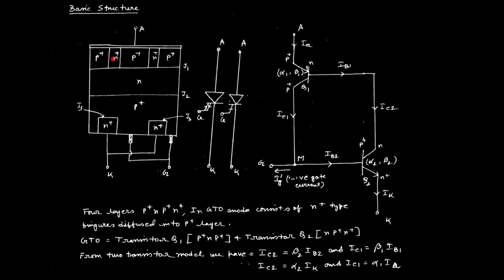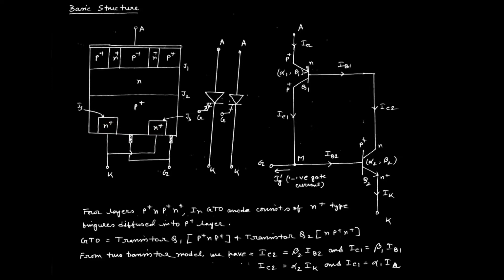Here, in the P region, by the diffusion technique, a highly concentrated finger-type N region is implemented, and the upper P region is highly doped, whereas the middle N region is not that much doped. But apart from this N region, the lower P region and the bottommost N region are both highly doped.